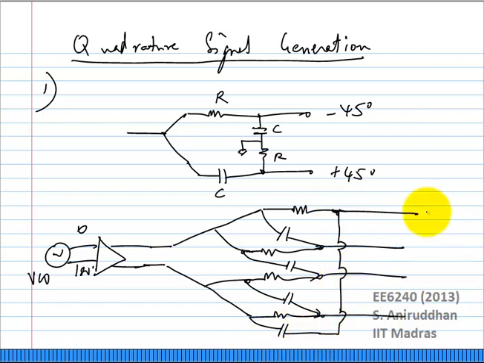Something like this will actually give you minus 90 degrees, 0 degrees, 90 degrees and 180 degrees. We have just extended the same thing.